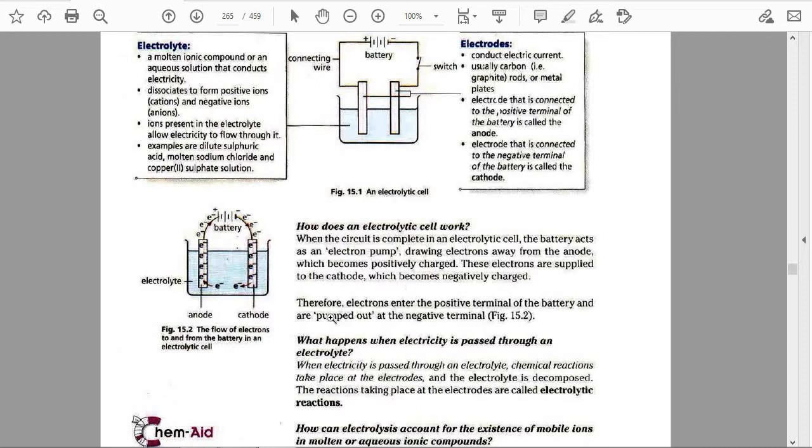Therefore, electrons enter the positive terminal of the battery and are pumped out at the negative terminal. You can see this in the diagram: this one removes electrons, then this one receives electrons.